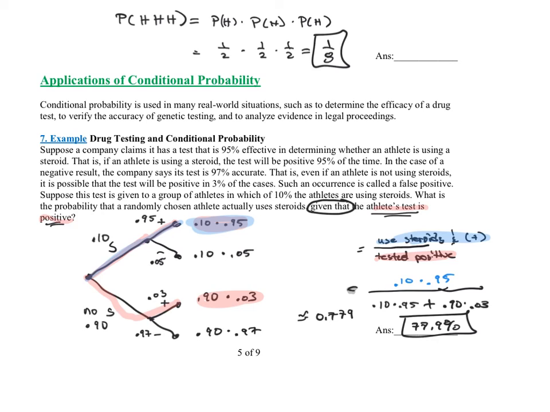Well, in reality, if it gets a positive result, it's only 77.9% effective. So what they're presenting to you is just one of the 4 possible options here. They're not trying to give you the truth of the matter, which is how much is it effective over the overall population. So very important you understand this problem. We'll do another example just like it right after this.